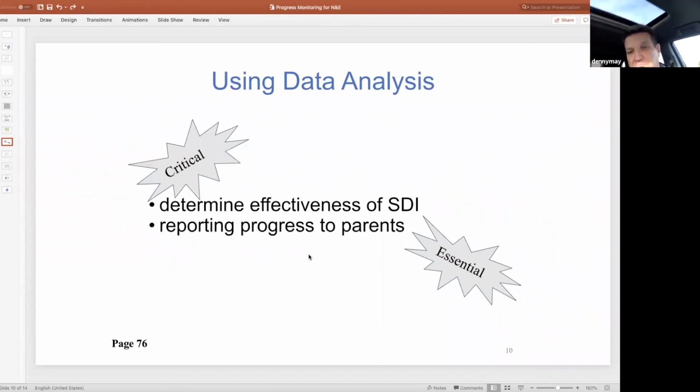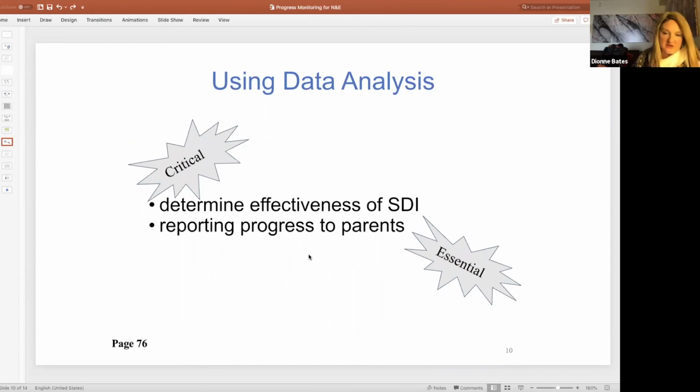Yep. And I think the second bullet point on this slide that we're looking at right now is talking about reporting progress to parents. This really is a tool for us that we can show what that looks like. If we're trying to talk to parents about some of the things that we've tried, and then whether or not that student was successful with that, it really gives them a visual support.